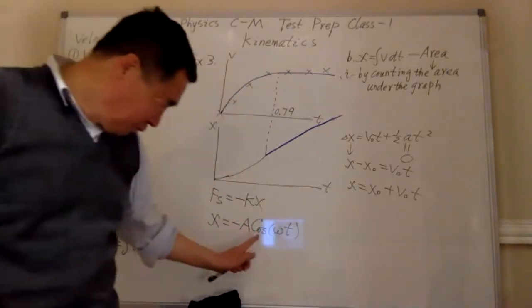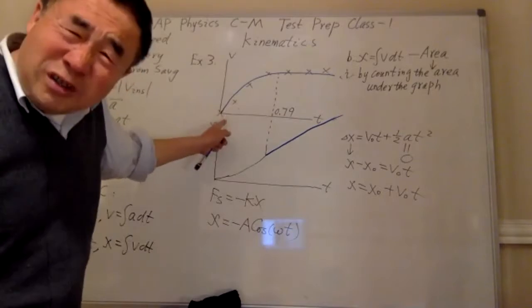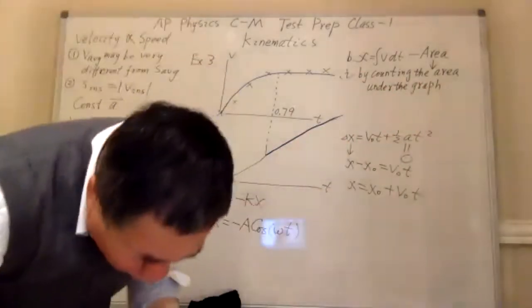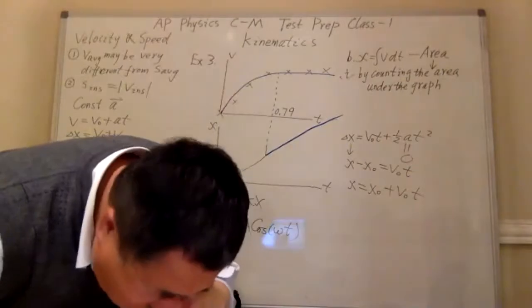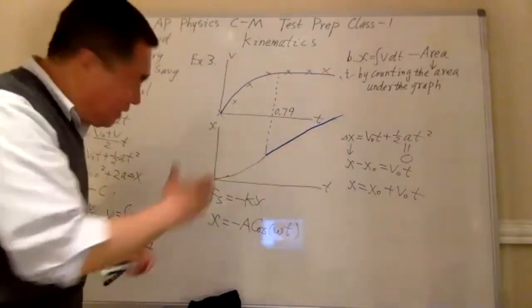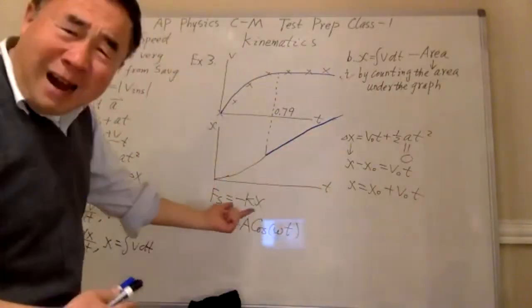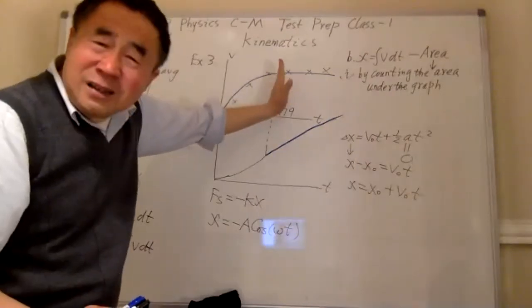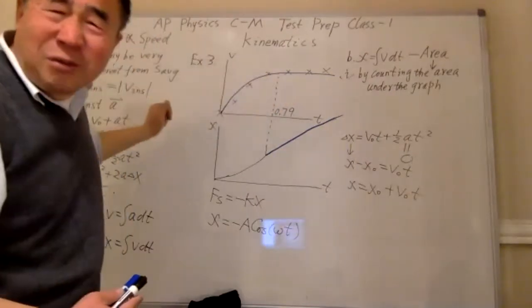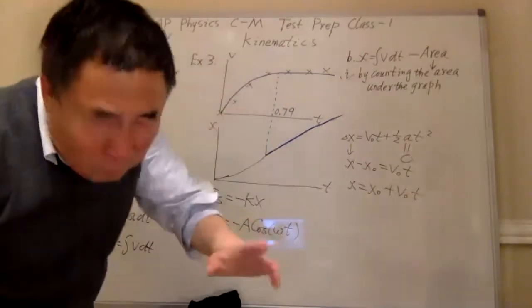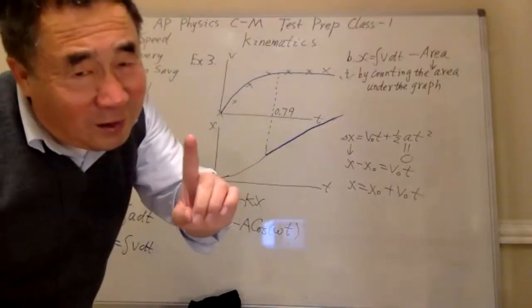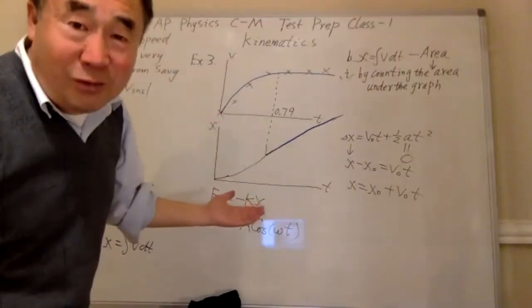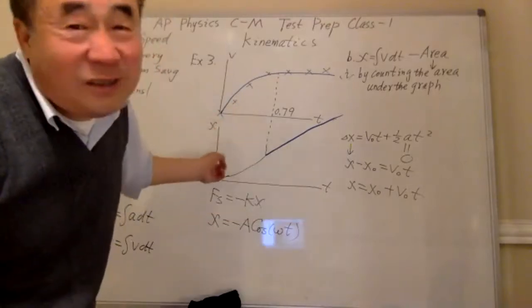Because at t equal to 0, you compressed the spring. That means you get the negative maximum. Don't try to challenge me that my initial glider position is 0.